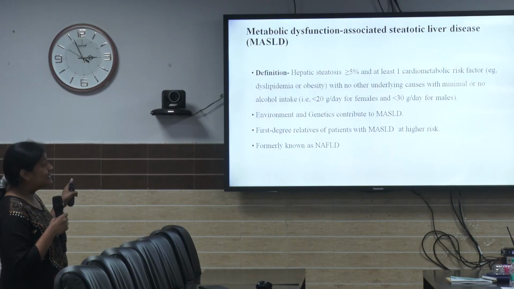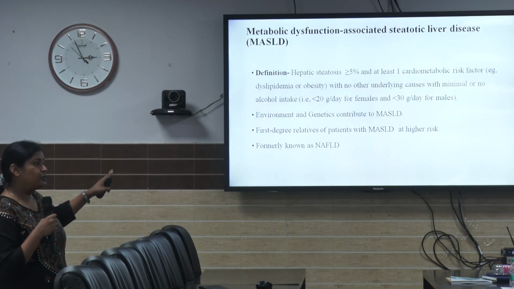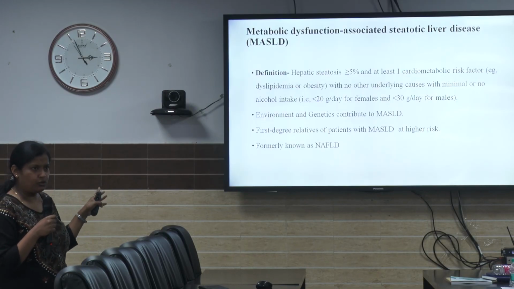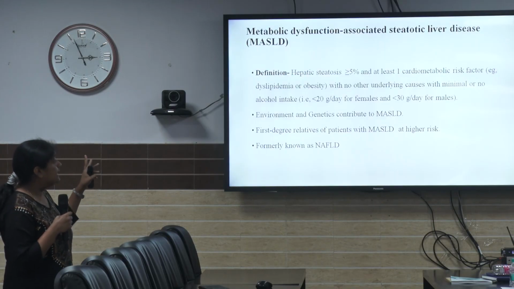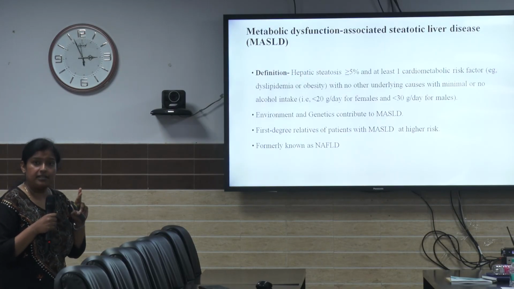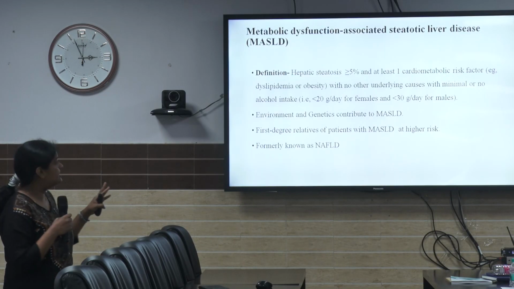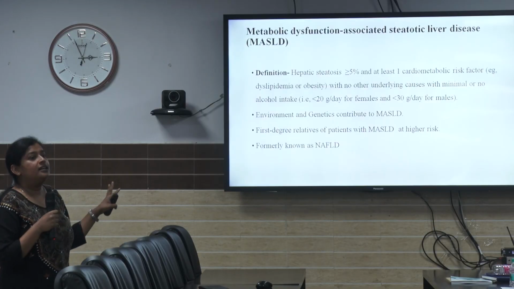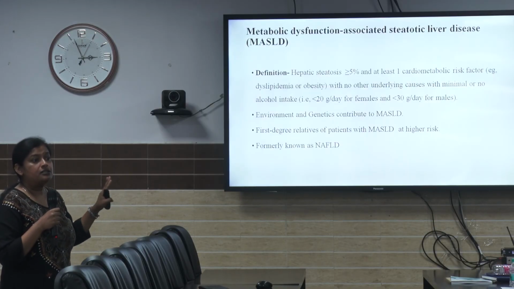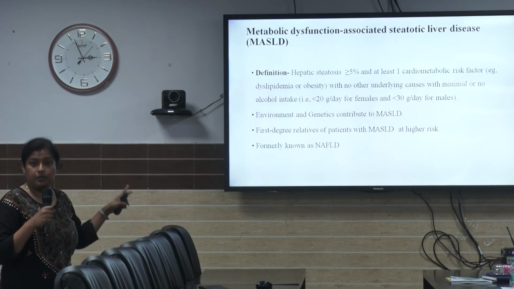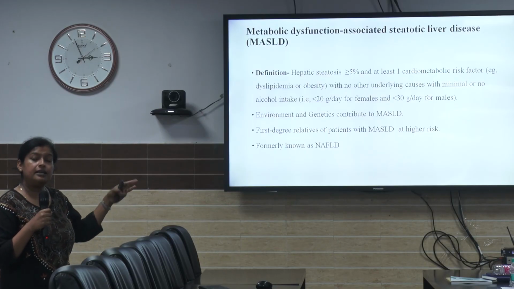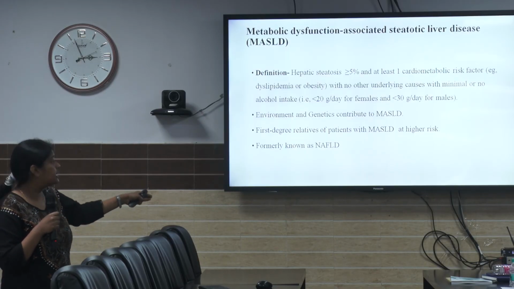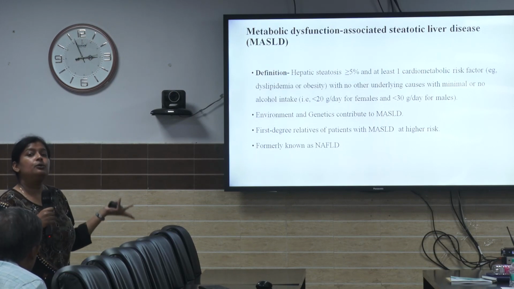So here it is somebody who has hepatic steatosis, which is more than 5%, which you will tell histologically, and at least one cardiometabolic risk factor. I'll come to what the cardiometabolic risk factors are. Then with no other underlying cause, that is, it is not that he is a chronic alcoholic and because of that he has developed CLD, or he has no other infectious disease which has led to CLD, with minimal or no alcohol intake.